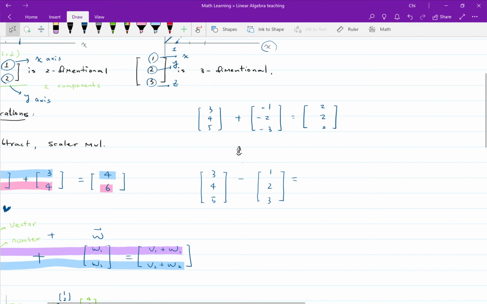But next time when you see subtraction, the intuition is you can just subtract component by component. So look at the first component and say, okay, 3 minus 1 is 2, and then the second component, 4 minus 2 is 2, and lastly 5 minus 3, which is 2 as well.